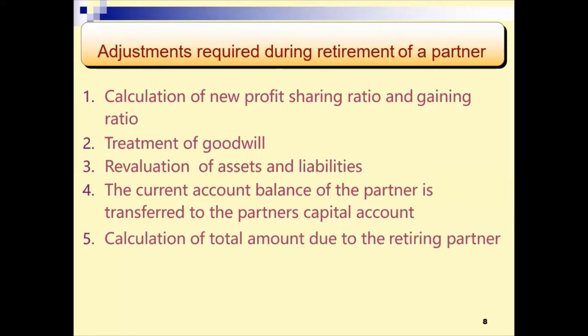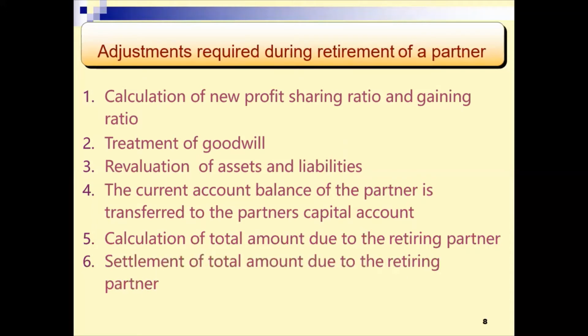Next is determination of the total amount due to the retiring partner. And this is important in order to know the total amount that the retiring partner can withdraw from the partnership. Settlement of the total amount due to the retiring partner then takes place.